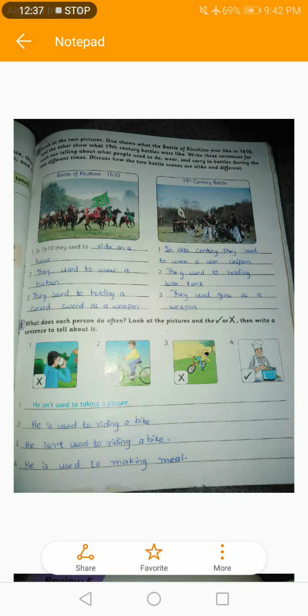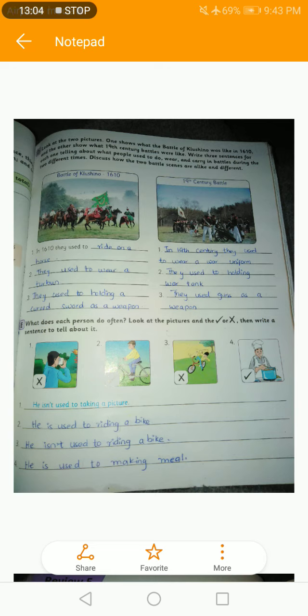In the 19th century, they used to wear war uniforms, they used to have war tanks, and they used guns as weapons. So the difference is in their riding and wearing, and in their weapons. This is the difference between the 19th century battle and the 1610 battle.